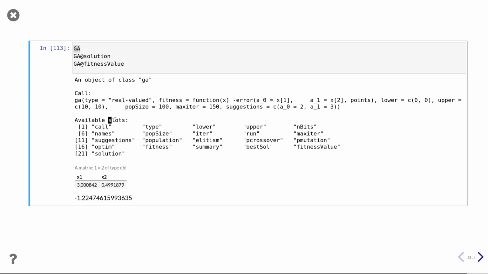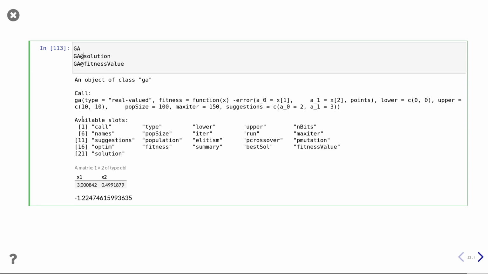When you see the word slots, this means this is a different type of object in R than the ones we've met so far. And when you see the slots, this means that to access entries, instead of using $ like you would do when you have a list or a data frame, you have to use this at symbol here.